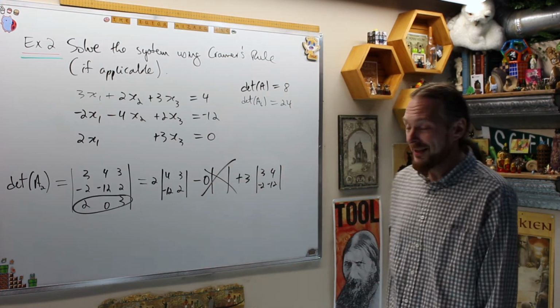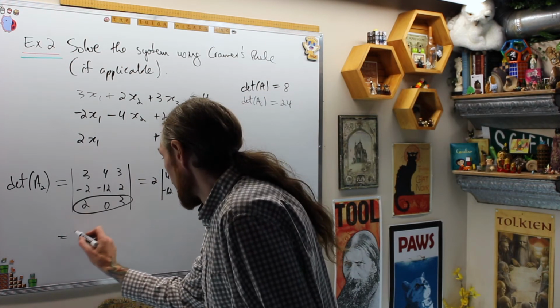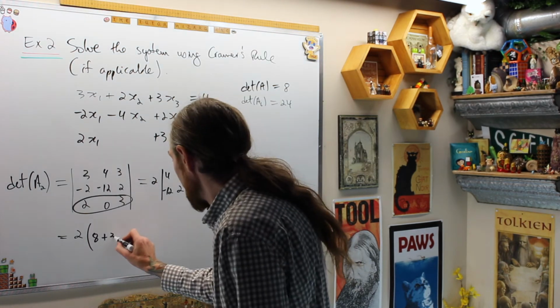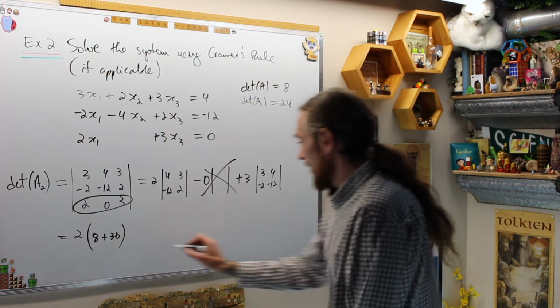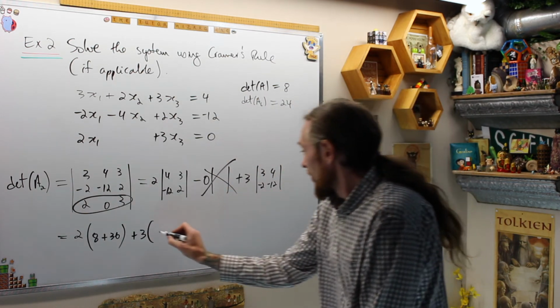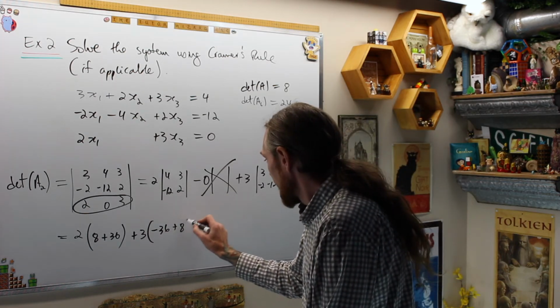This one's a 0 immediately. There's no point writing it down, especially if you're on an exam. That's a time saver. This is now equal to 2 times 8 plus 36, looks like. And then this one is going to be 3 times negative 36 plus 8, if I did that right.